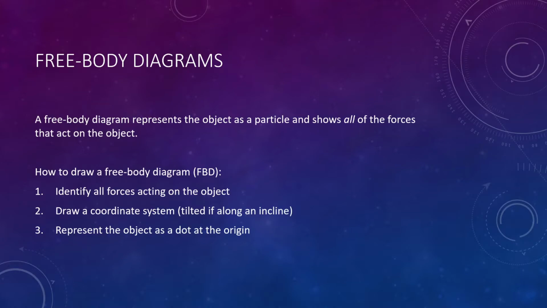Now, once you've identified your forces, you'll be able to draw them onto your free body diagram. So, draw vectors, in other words, arrows, representing each of the forces that you've identified. Last but not least, and I tend to forget this one myself or just not do it, I'd say that it's optional.